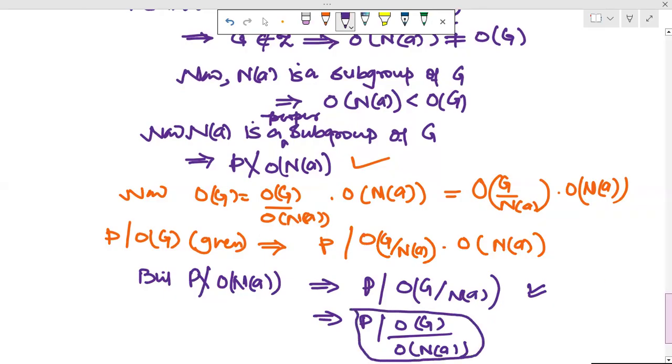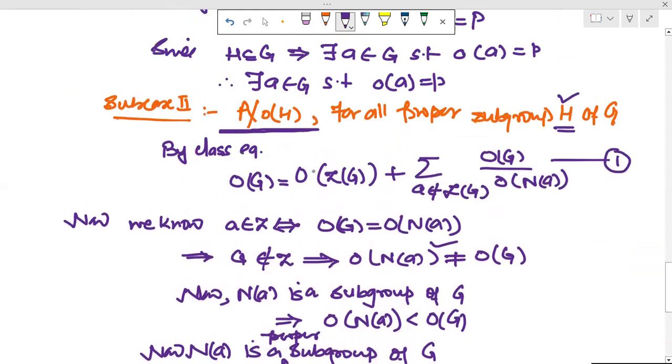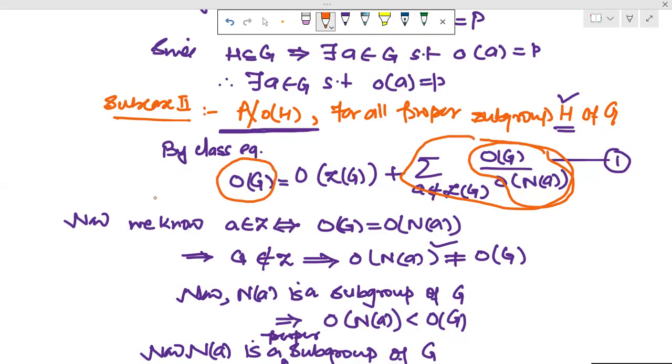Now we are going to the class equation. Class equation says that this portion is divisible by P. So this whole sum is divisible by P. On the other hand, order of G is divisible by P. So we are just transferring this to this side.